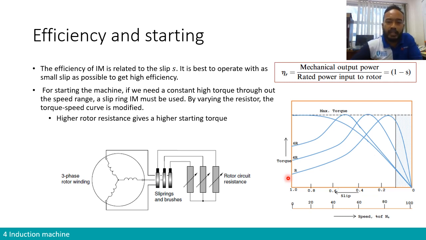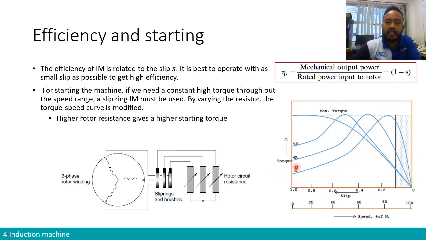The other option is a wound machine, connected through slip rings to a variable resistance, where we can modify the resistance of the rotor. But if we don't have the ability to modify the resistance, we are going to have only one curve like this.